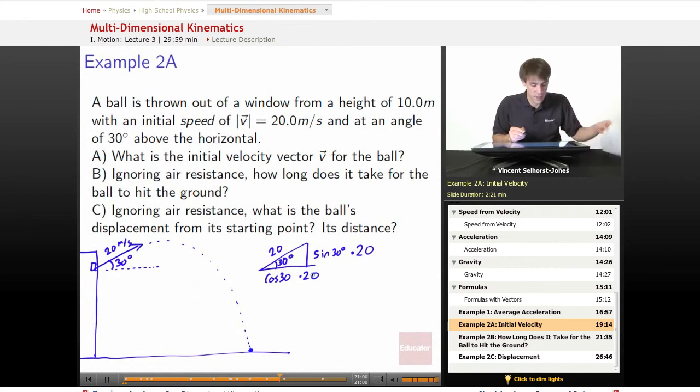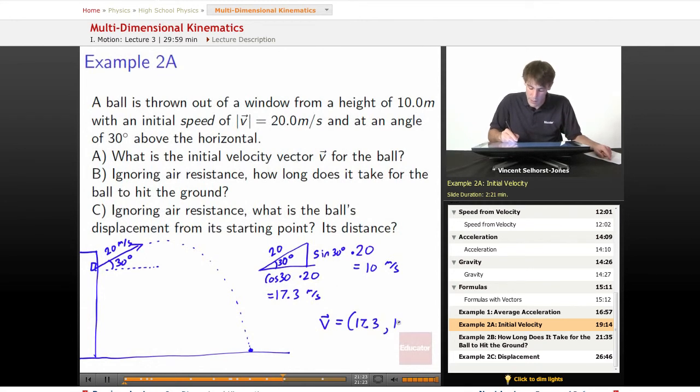So cosine 30 times 20 gives us root 3 over 2 times 10, which comes out to be approximately 17.3 meters per second. And sine is going to be 10 meters per second. So that's going to give us an initial velocity vector of 17.3 to the right, comma, 10 up meters per second.